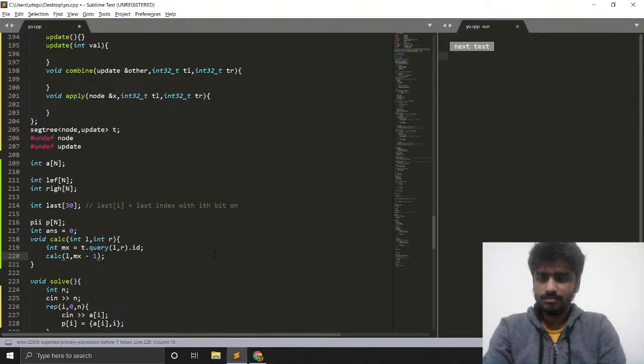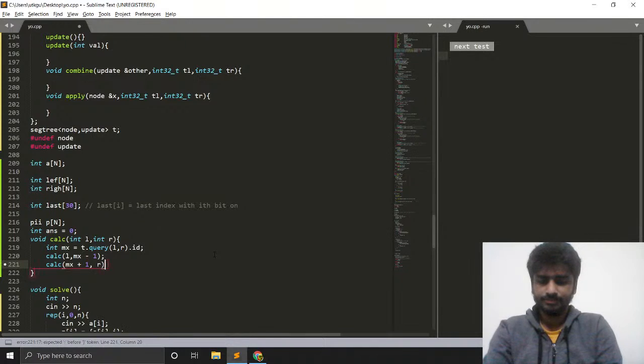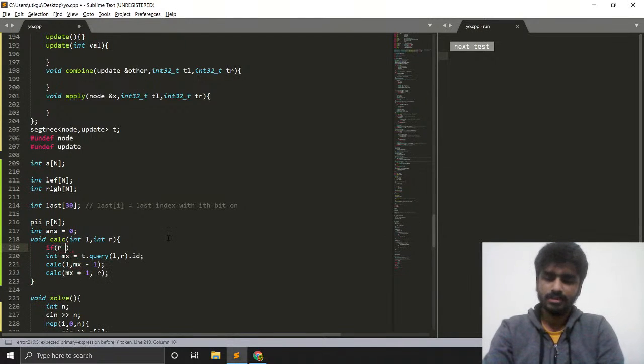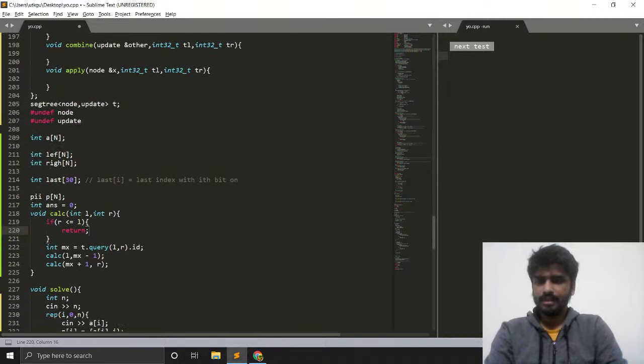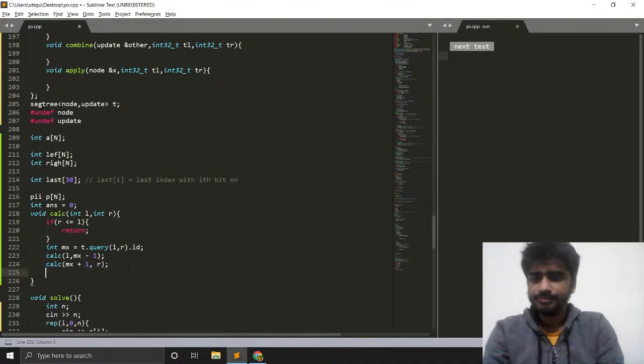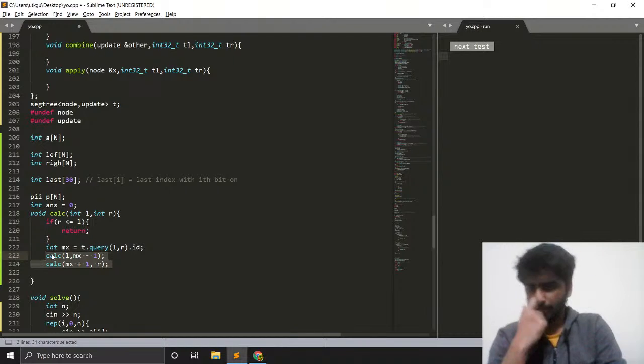L to maximum minus 1 and maximum plus 1 to R. Okay, and if R is more or equal to L, then I'll return because then there's no interval. So okay, I've done the divide and conquer.